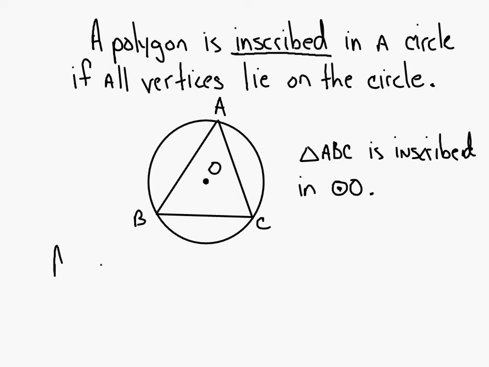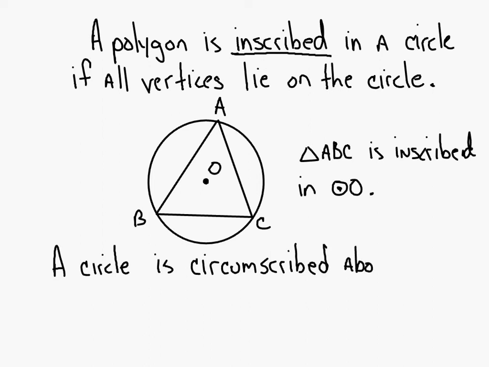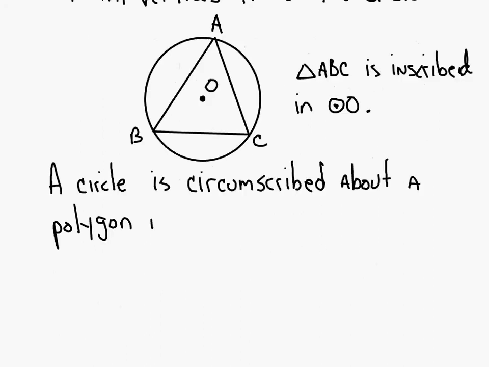And at the same time, a circle is circumscribed about a polygon if it contains all the vertices.